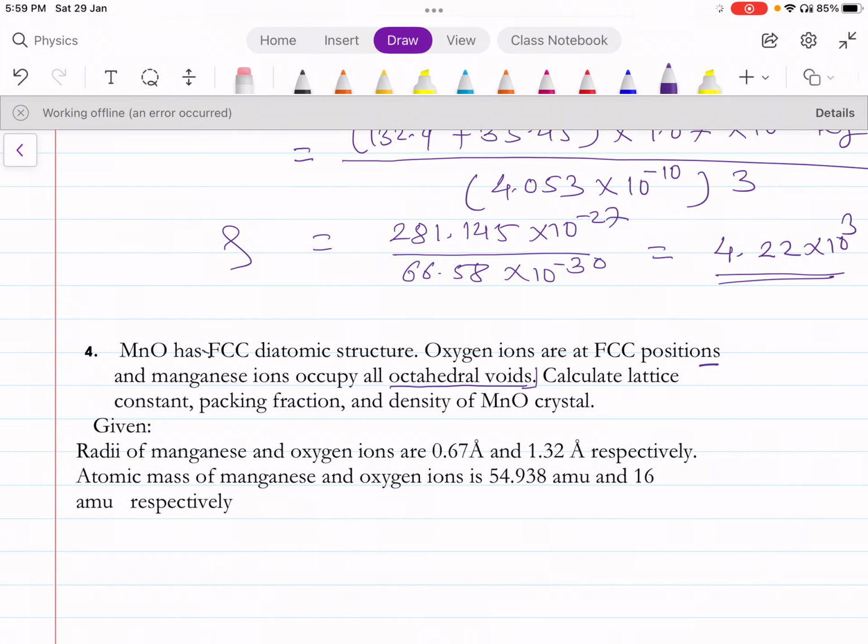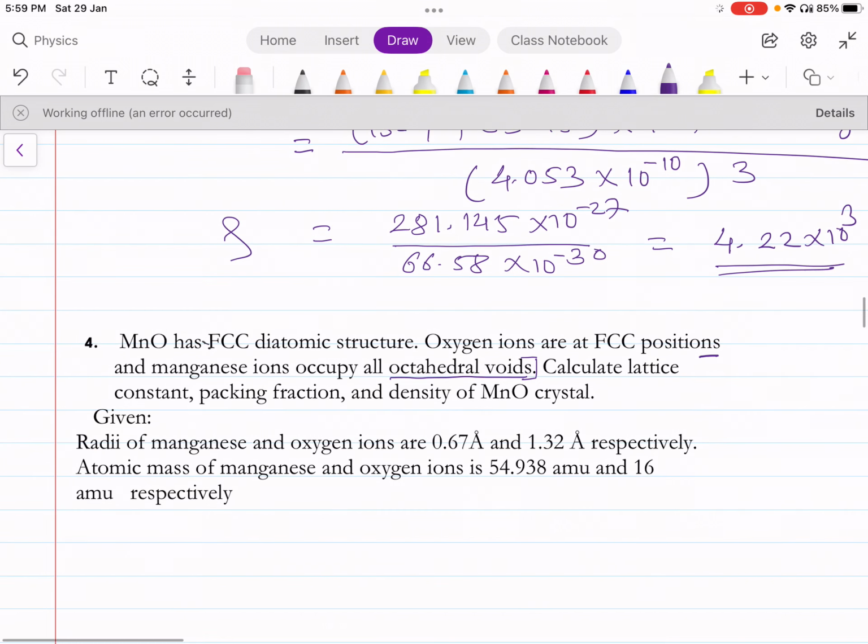So when you get to know this, it means that this is an FCC diatomic NaCl type structure, because in NaCl type structure, one ion occupies all the FCC positions and the other ion occupies all the octahedral positions.